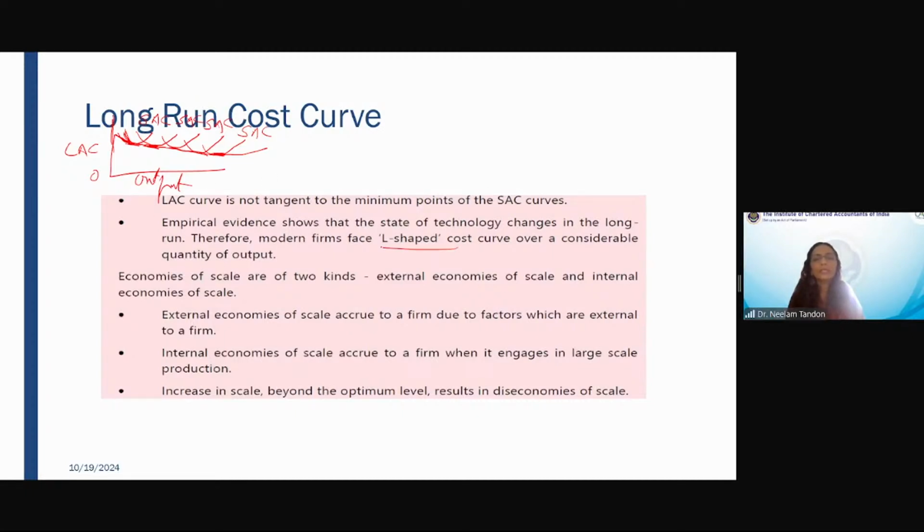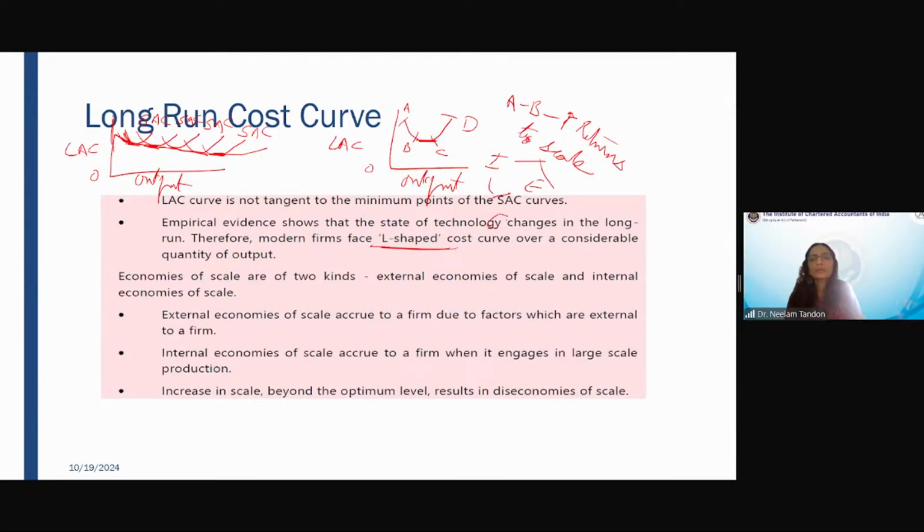Technology, I have already shared, L-shaped cost curve. So LAC, what we have shared is this one. And in this A to B is economies of scale or increasing returns to scale. Increasing returns to scale is because of internal and external economies of scale.